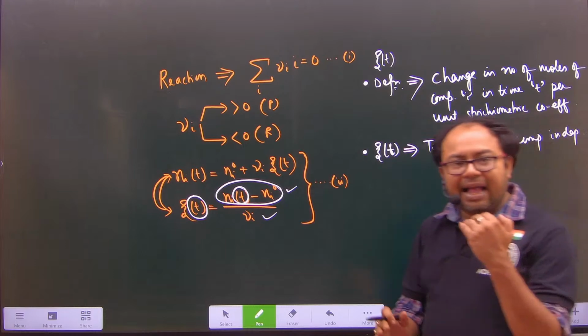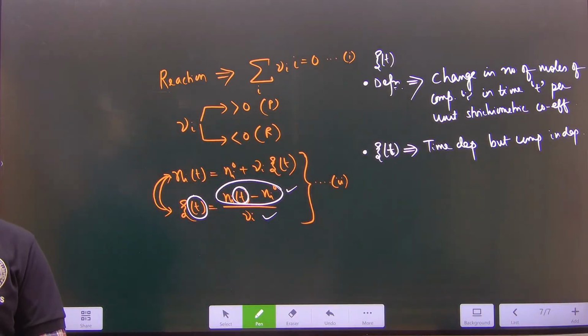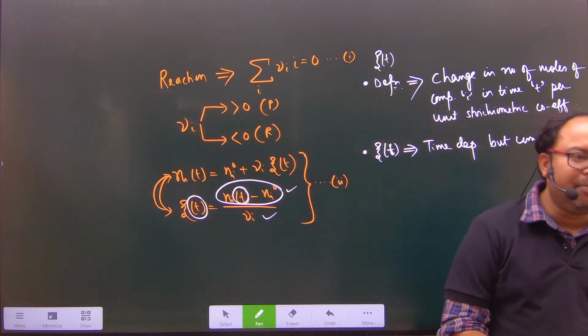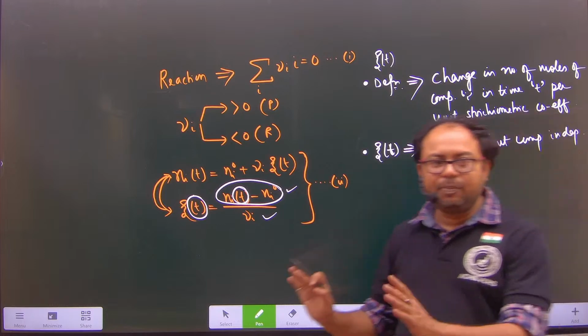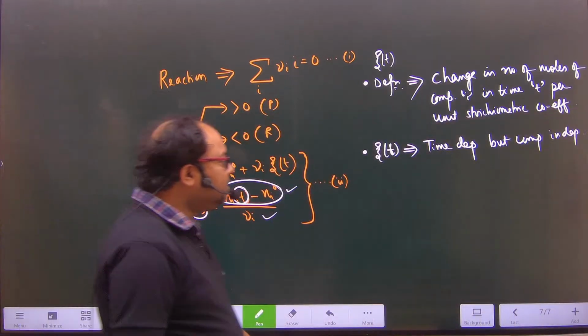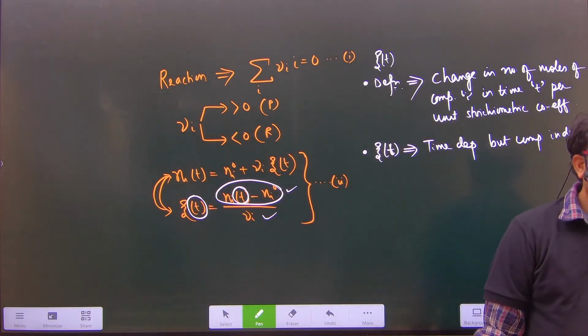And with the cancellation of component dependence, xi-t will be free from any component dependence. So it must be a component independent term. So we have understood that. Okay.